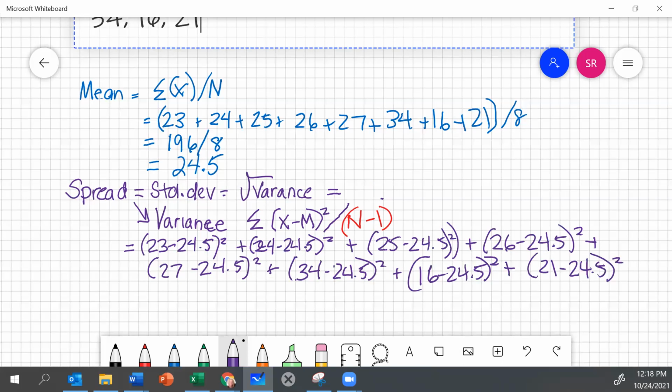Lots of work writing all this out, isn't it? Our next step then is to write those values in.